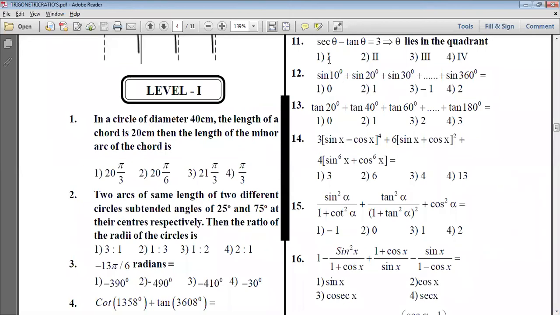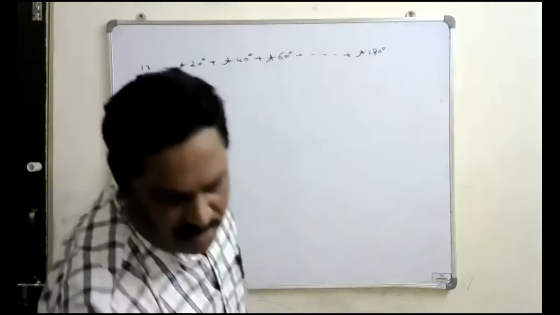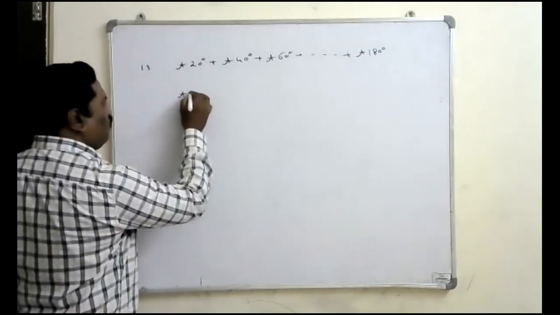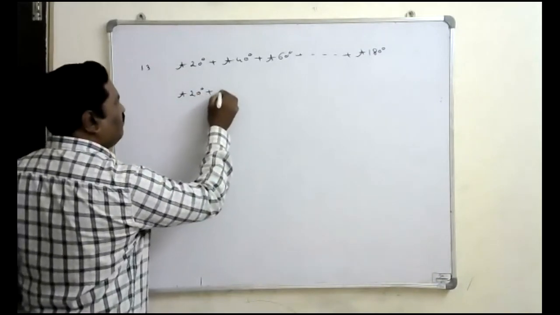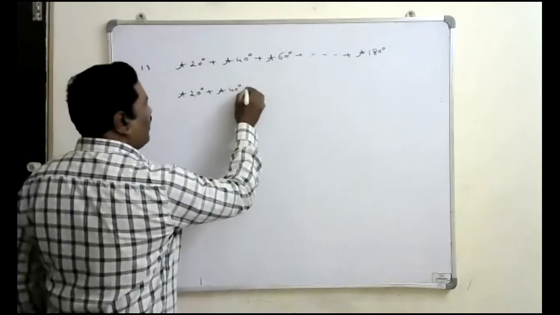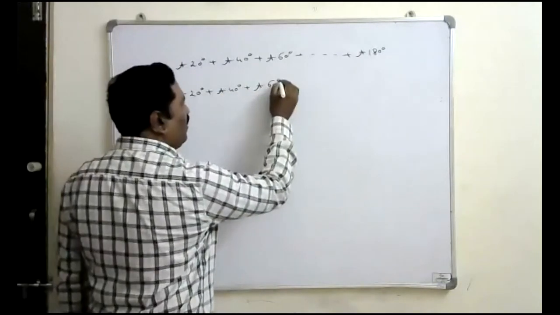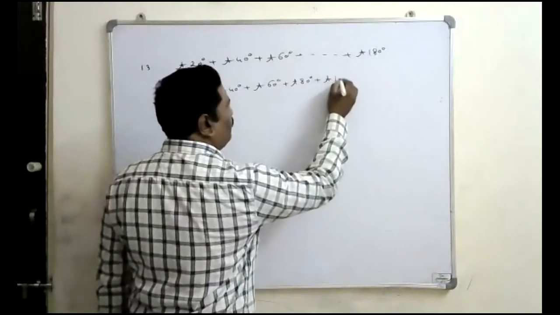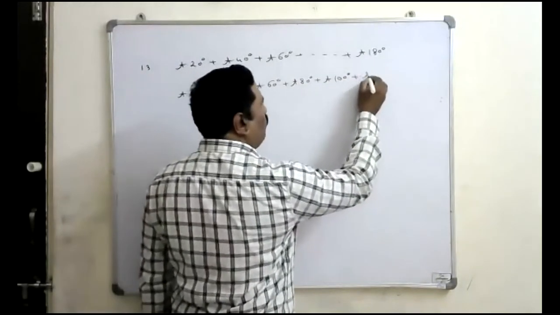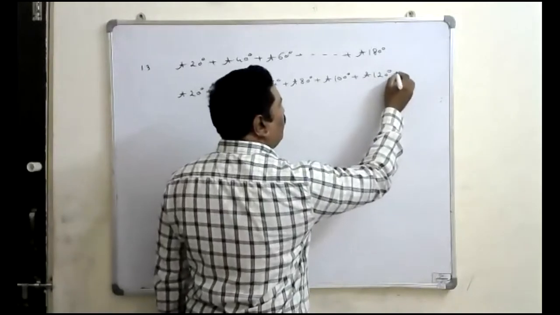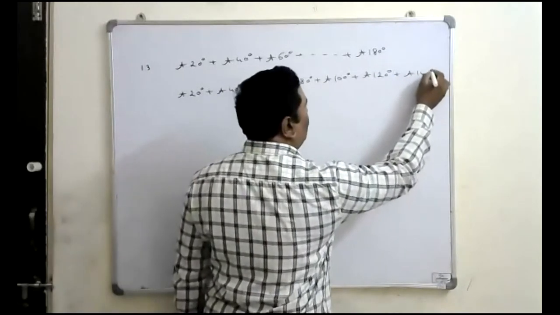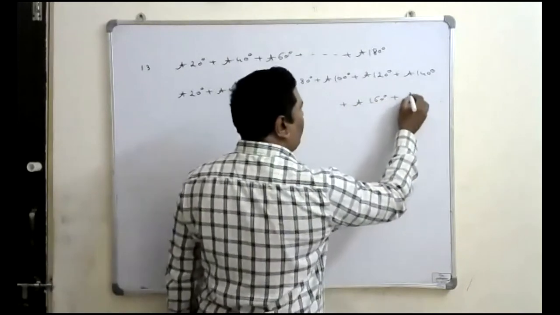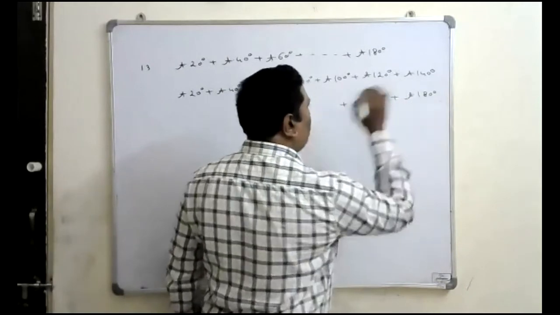So here all the multiples of 20 degrees were given. So this is equal to tan 20 plus tan 40 plus tan 60, the next angles tan 80 plus tan 100 plus tan 120 plus tan 140 plus tan 160 plus tan 180 degrees.